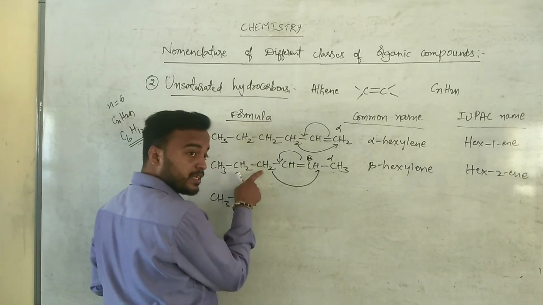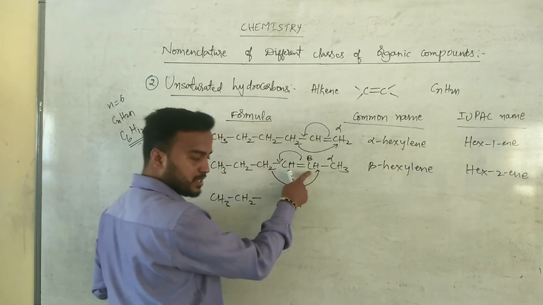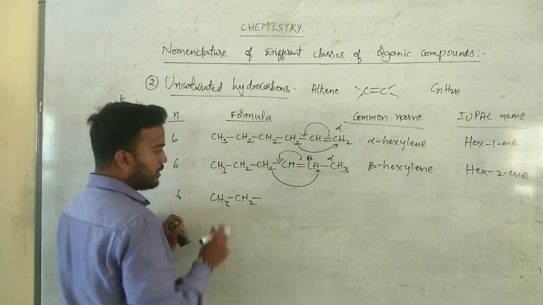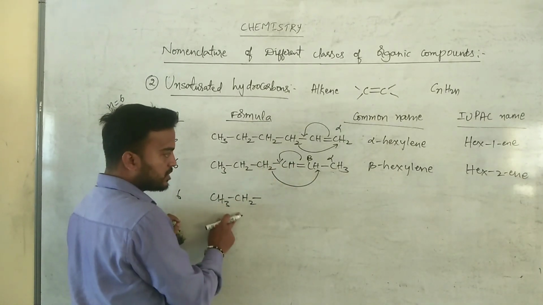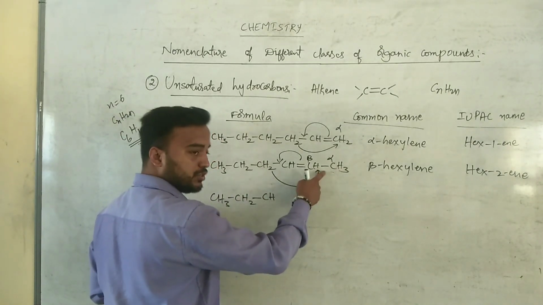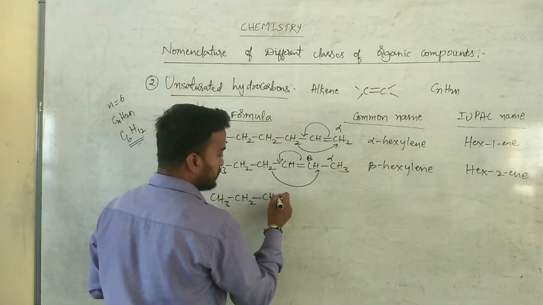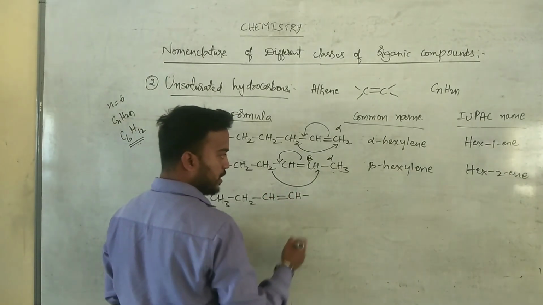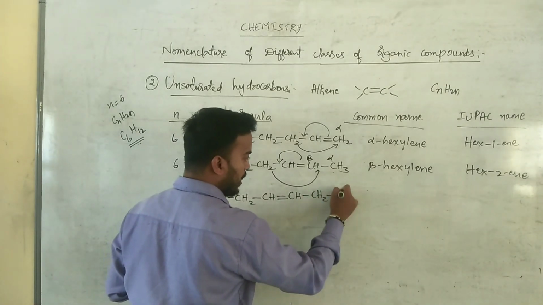CH2 will become CH. CH will become CH2. Single bond will become double bond, double bond will become single bond. So CH3, I have written, CH2 is there. In the case of CH2, I will just write CH because I shifted 1 hydrogen to this CH group. So single bond will become double bond. CH stays the same, double bond will become single bond. CH will become CH2 and this is CH3.